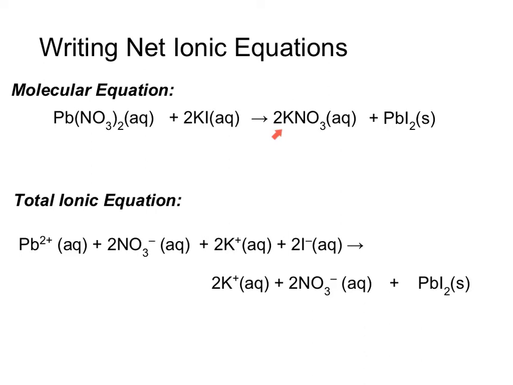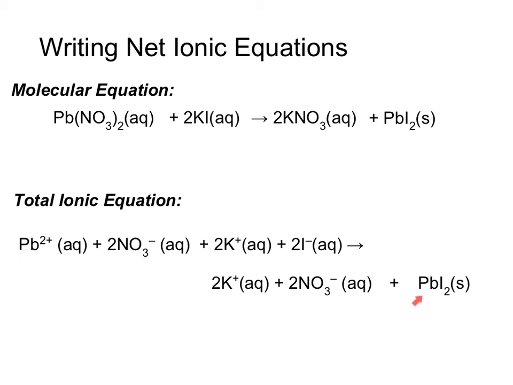And on the product side, we have 2 potassium nitrates, which split into 2 potassium ions and 2 nitrate ions. All of these are still aqueous species, as indicated in our molecular formula. Lead iodide, however, is a solid in our molecular formula, and so in our ionic equation, that does not break up into ions.